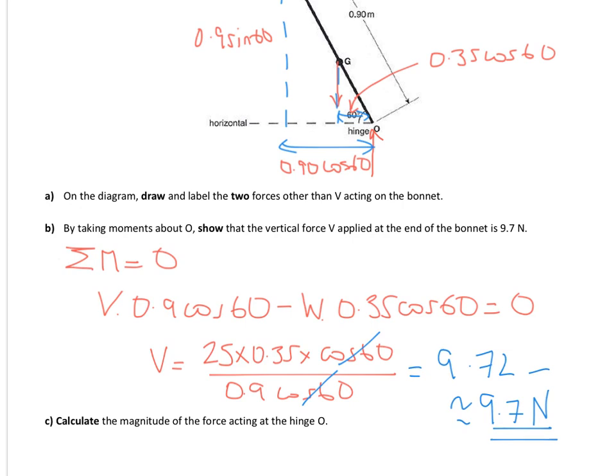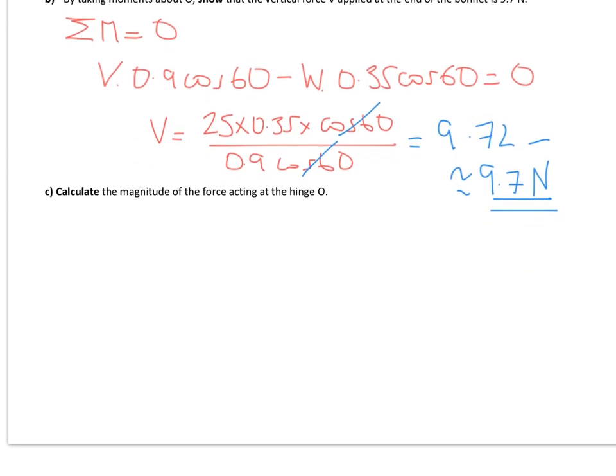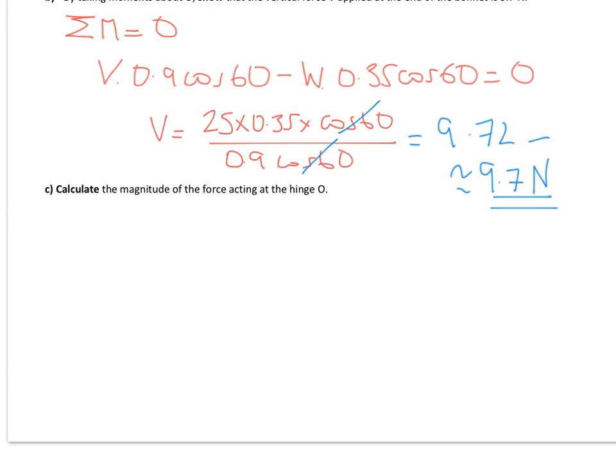So we've done the moments part, and it wants us to calculate the magnitude of the force acting on the hinge at O. So let's resolve in the vertical direction. So forces acting upwards, we have V and we have R. Acting downwards, we have the weight force, which is 25, and that's going to sum to 0.